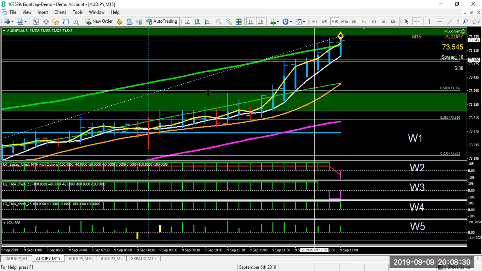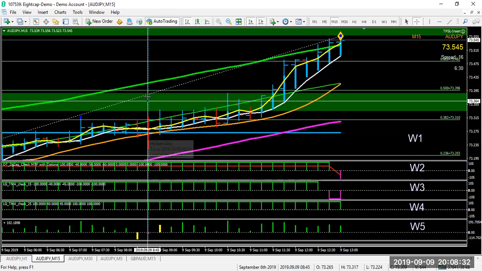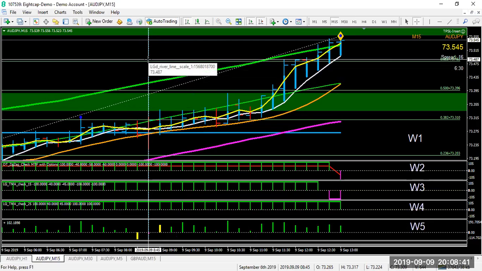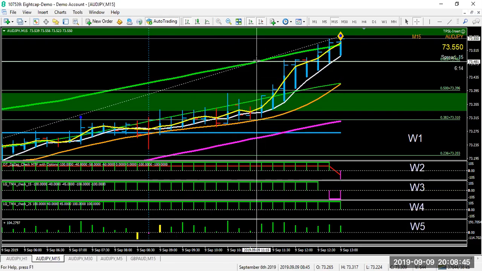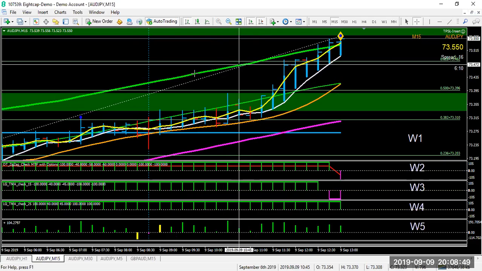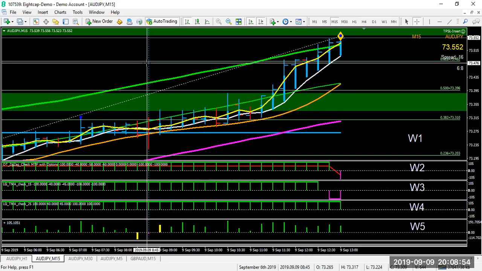One of the destinations on this confirmed one is the opposite riverbank, which is the green riverbank. And if it goes beyond that, then the next level. On this chart, the next level is already marked up by an indicator. Makes it a bit easier, doesn't it?